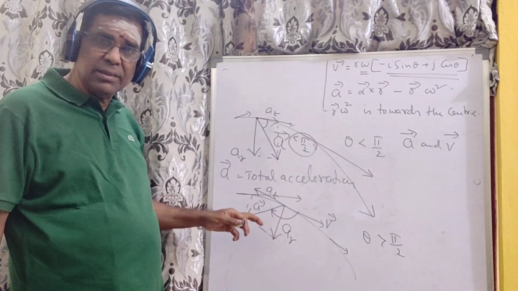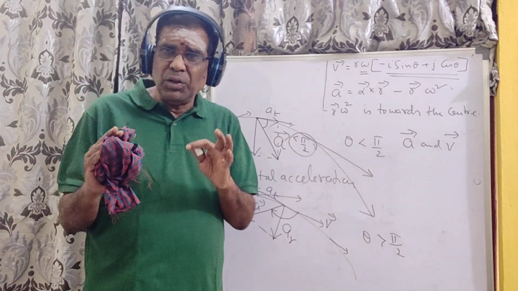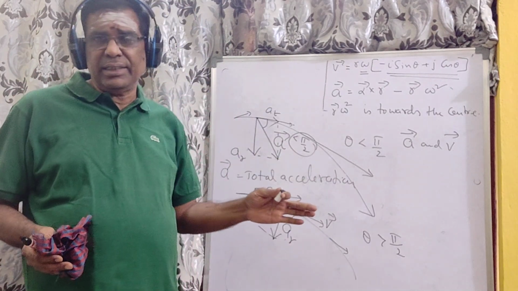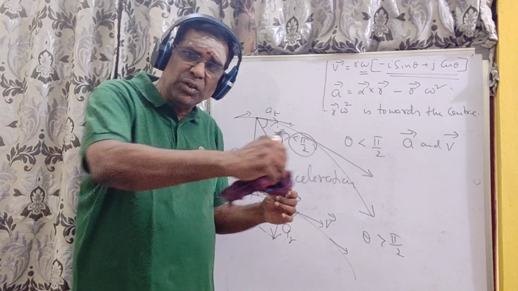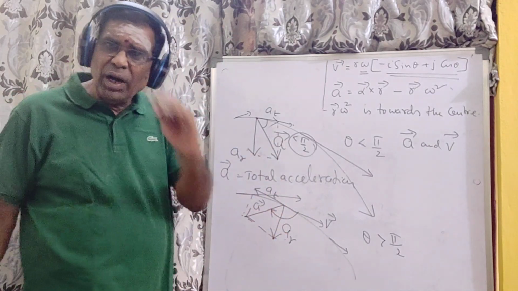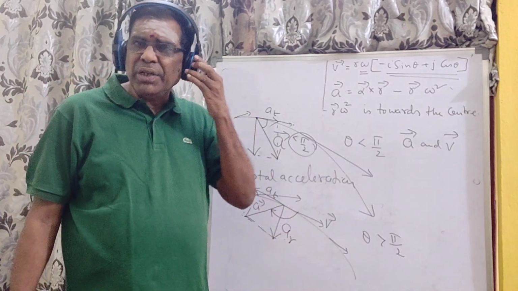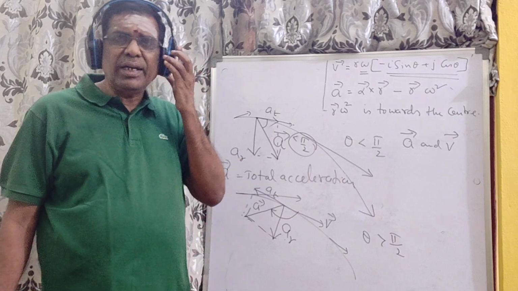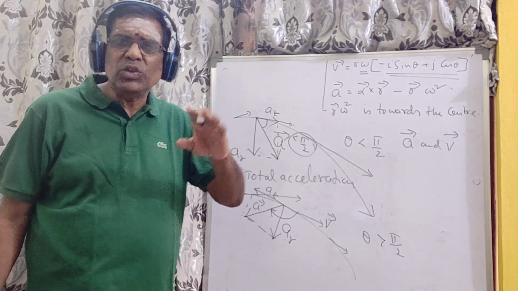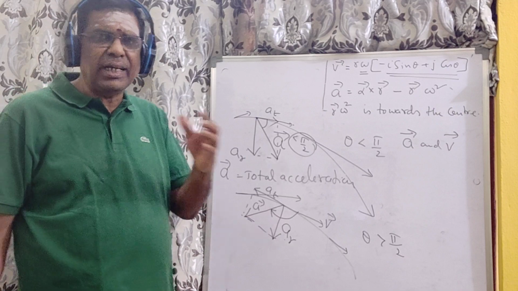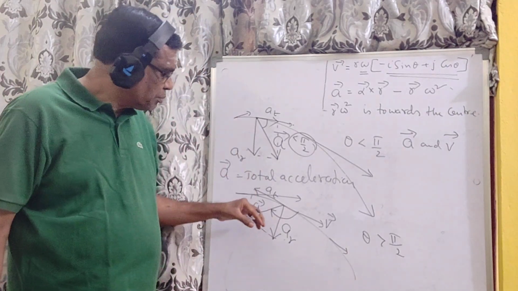What about this case? A prudent fellow, while taking a turn, he reduces his velocity and takes a turn. Why and all that we will see, because we know in reality one would skid there. Why it happens, we will see later on.